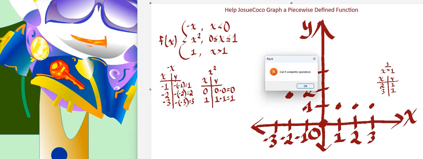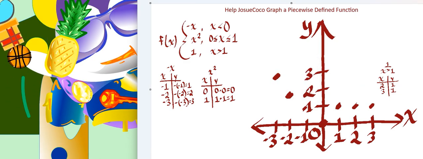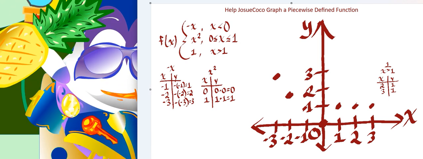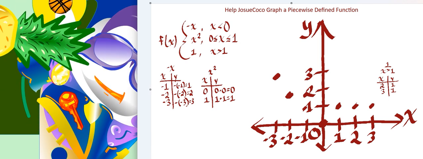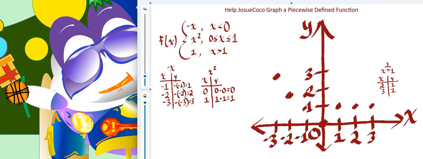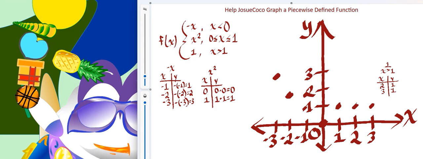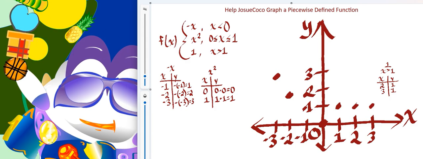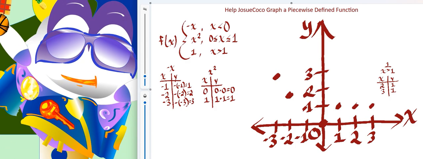Now that we've plotted our points true to our intervals and our statements within f of x, we'll begin to connect.